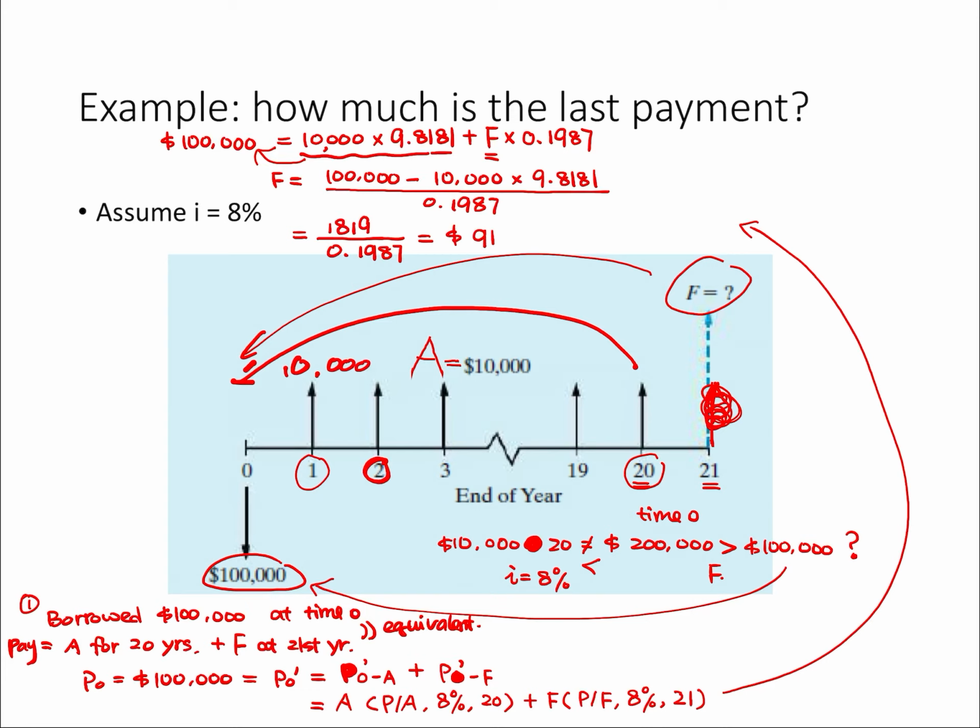Alright, so what you have is 9154.50. Look, this F is bigger than 0, right?